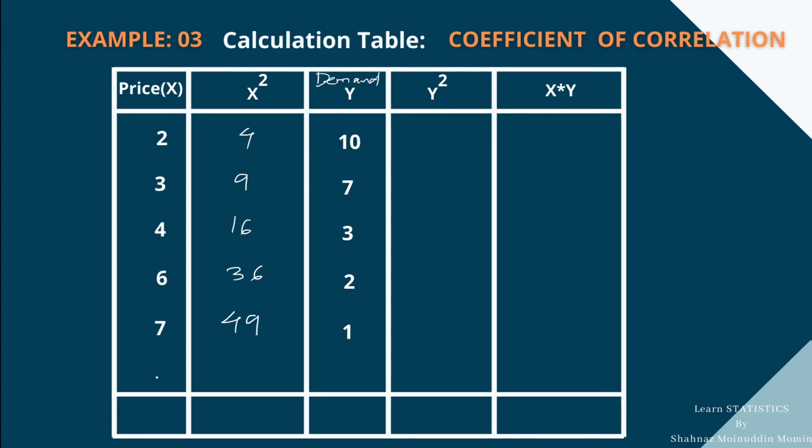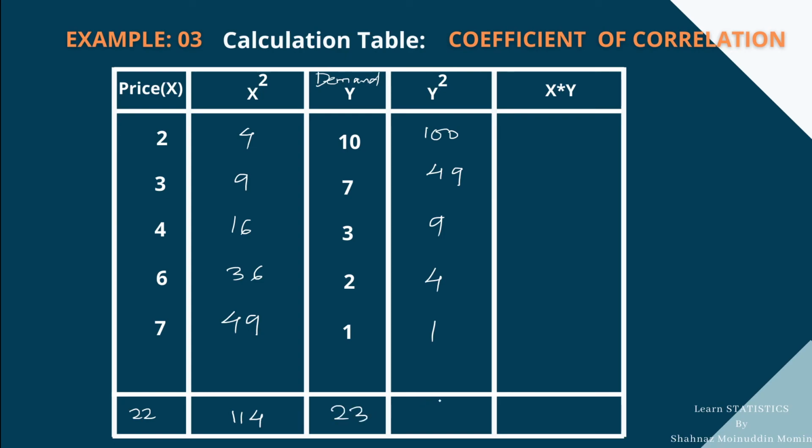We need the total of all the columns, so by adding price we get the sum of x as 22. Similarly, by adding the total observations of x square, we get sum of x square as 114. Now square the column of y to get the column y square. 100, 49, 9, 4, 1. The total of demand y is 23.